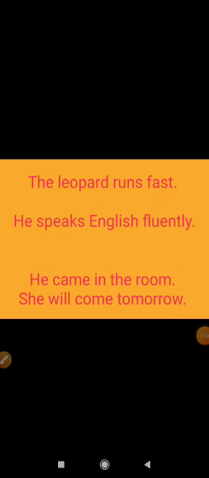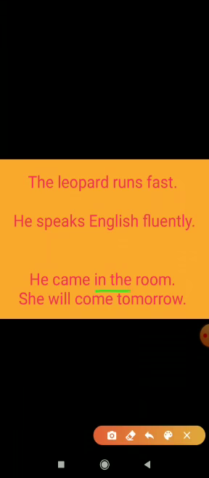Adverbs of place or adverb phrases of place, such as in the room, and adverbs of time are also placed after the verb or after the object if there is any. Tomorrow is an adverb of time.